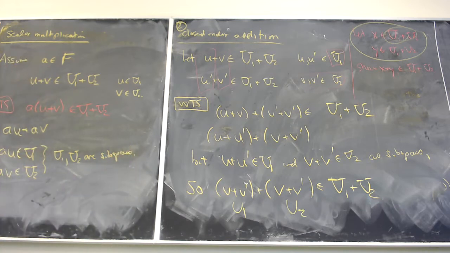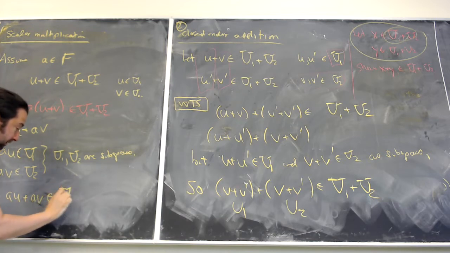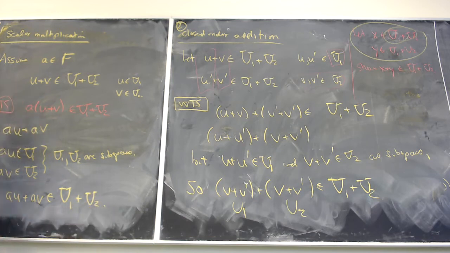But that implies that this has the form of something that lives in U1 plus something that lives in U2. So au plus av is an element of U1 plus U2, so it's closed under scalar multiplication. You should see it's the same kind of argument over and over. We're leveraging the fact that we know these are subspaces and taking advantage of their closure properties.